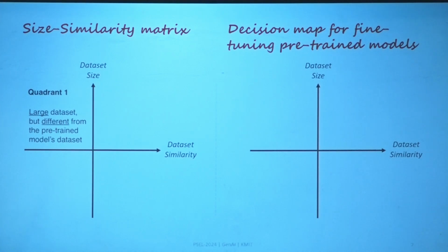We don't know anything about the features you need to extract for the current data set, because the model was trained on another completely different data set. So what are you supposed to do? First strategy, very good. First strategy means training from scratch.